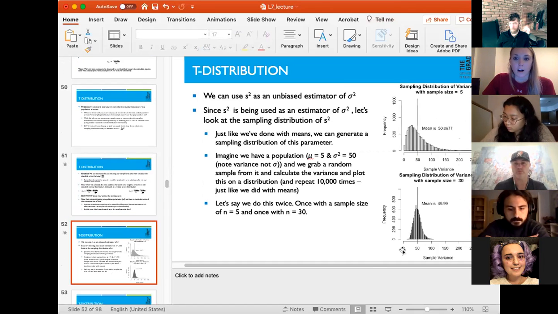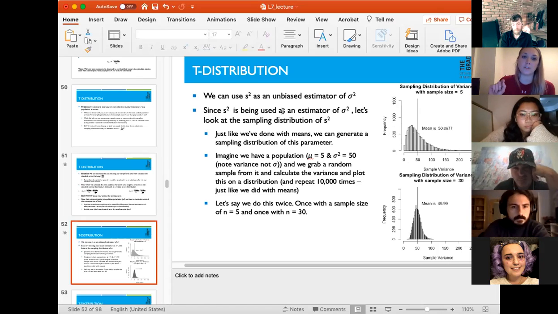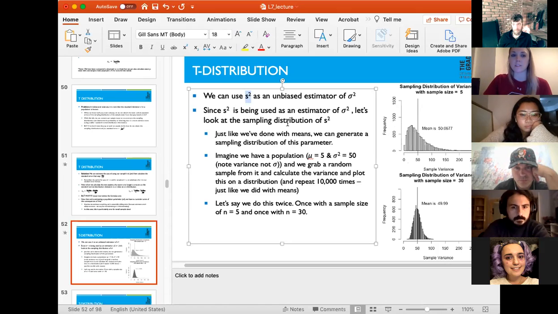So if we look at our example here of a z distribution versus a t distribution, you can see how the t is slightly skewed off to the right. And this allows us to use our S squared, or variance, remember this is the symbol for variance, as an unbiased estimator of our population variance.